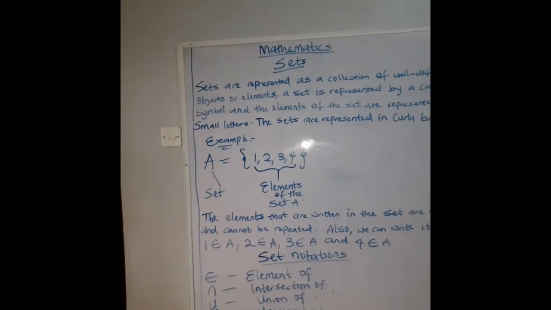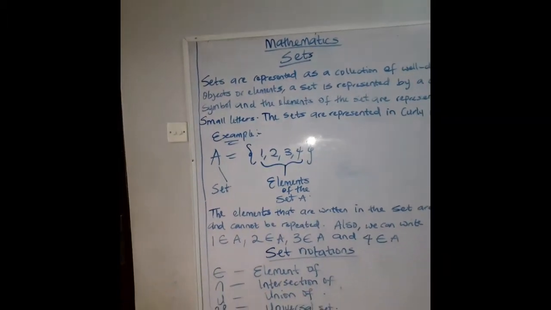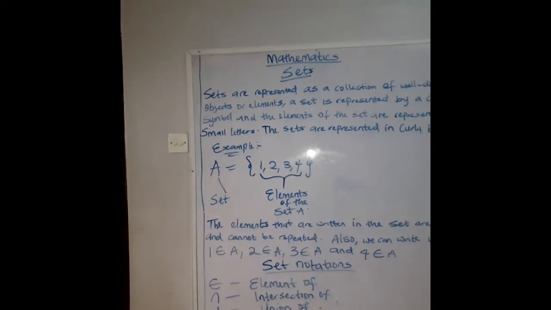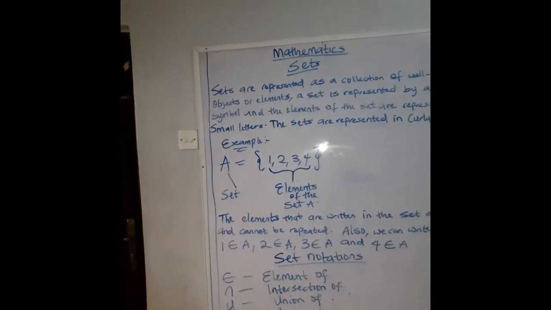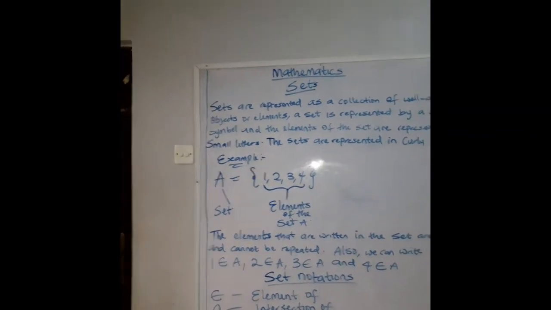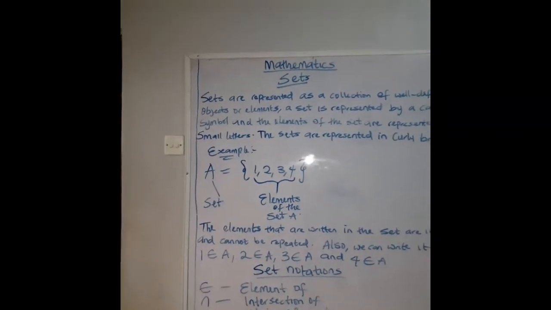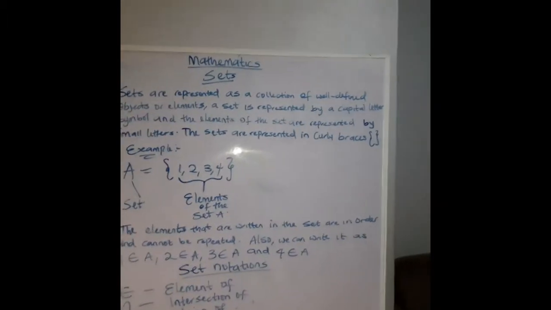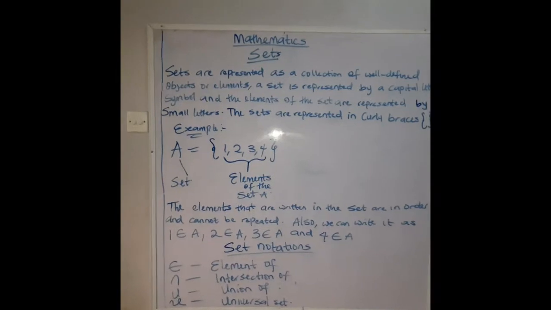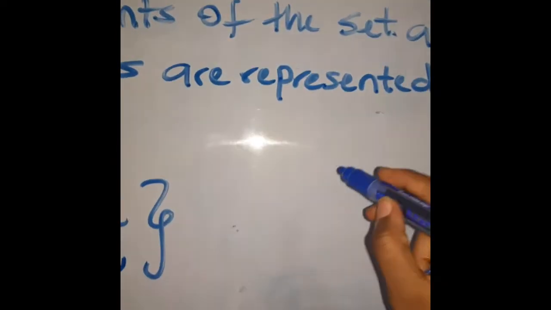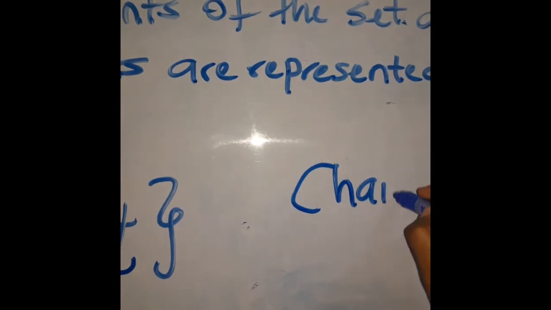And I said, according to the notes, that the elements of a set are always represented by small letters. That is only when we are dealing with letters. For example, we have furniture as a set. So if we are to list the elements of furniture, we have chair.